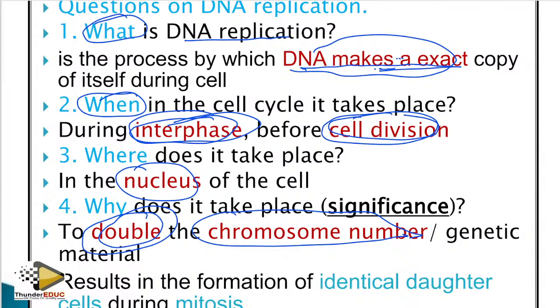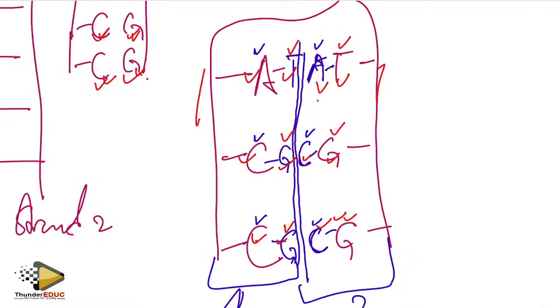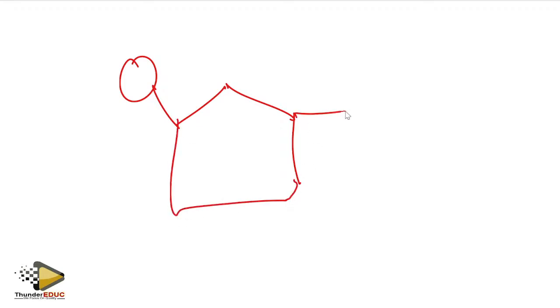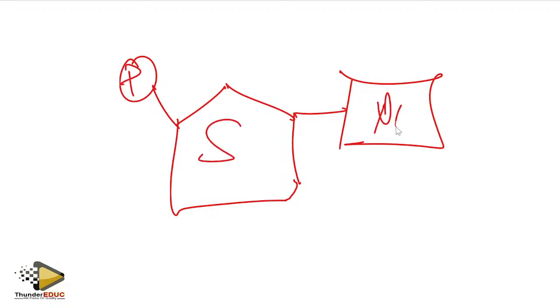What are the units of the nucleotides? Sometimes they can ask you that question. Remember, a nucleotide looks like that. What are the units of a nucleotide? It's the phosphate group, the sugar, and the nitrogenous base.